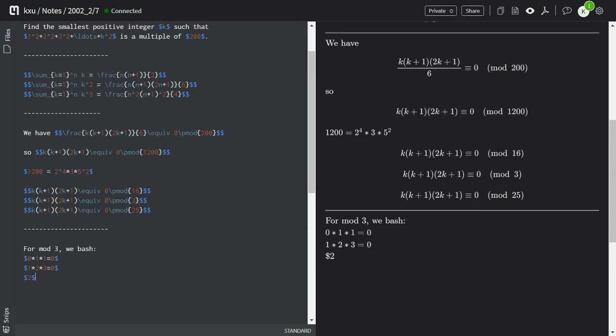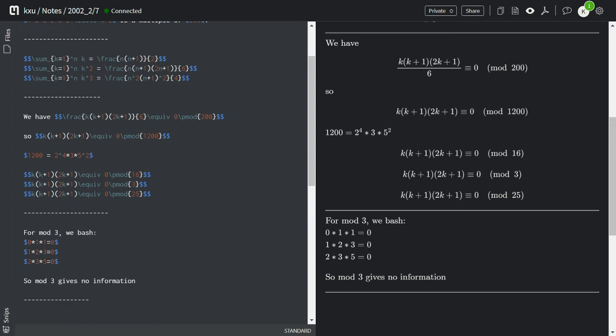And k equals 2 gives 2 times 3 times 5, which equals 0. Okay, so all three work. So mod 3 gives no information. It doesn't give us a restriction on what k cannot be.